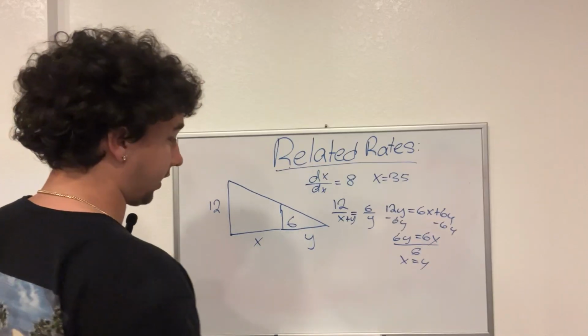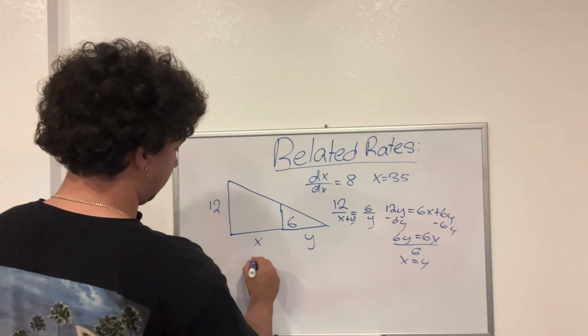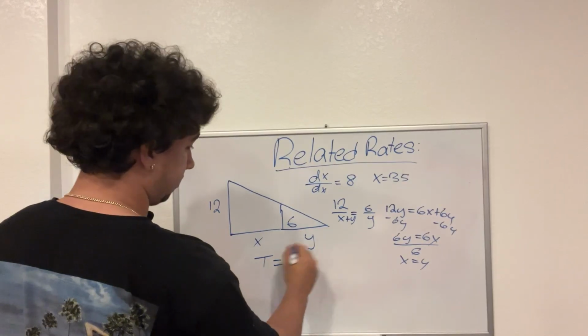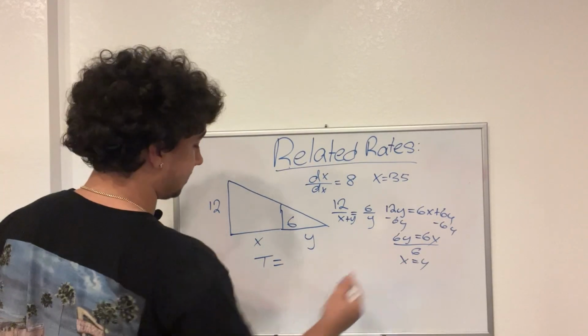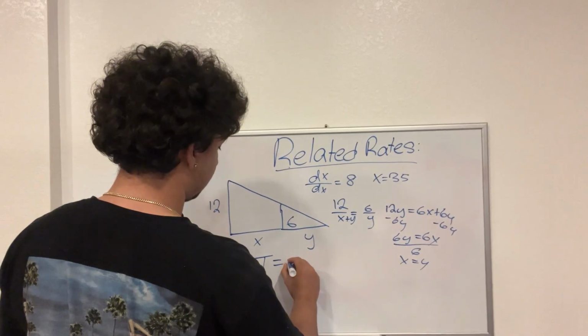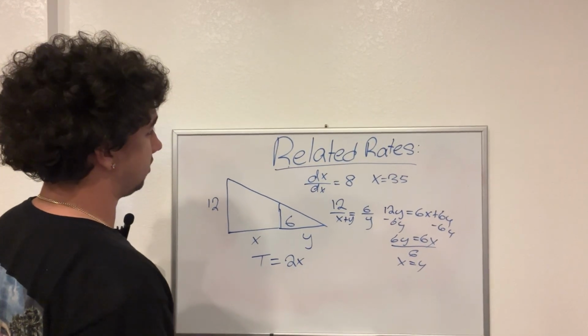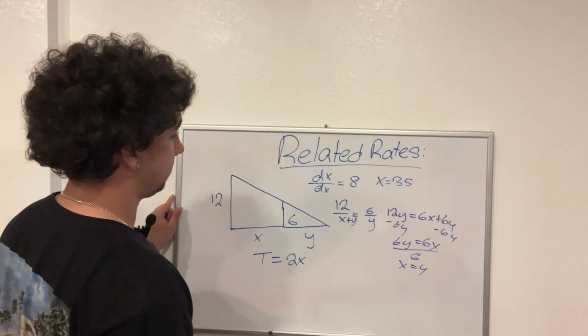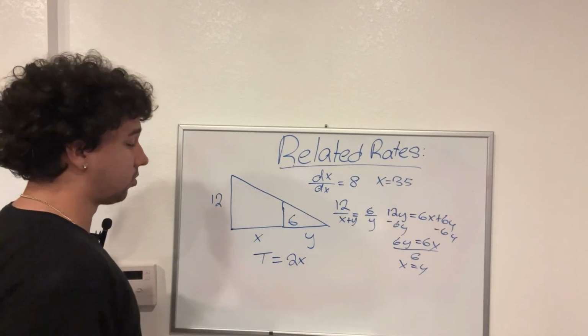Well, in that case, like I just said, the total distance, I'm just going to call it t here, is equal to x plus x in this case, it's x plus y. But I know that x is equal to y, so x plus x, which is 2x. And what I do is I just have to take the derivative of this. Now, if I take the derivative of 2x normally, it would just be 2.